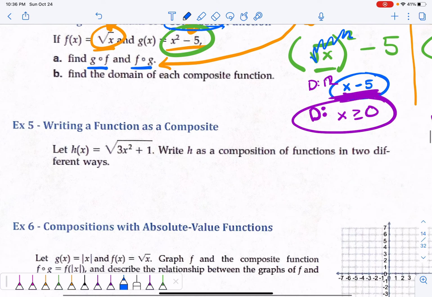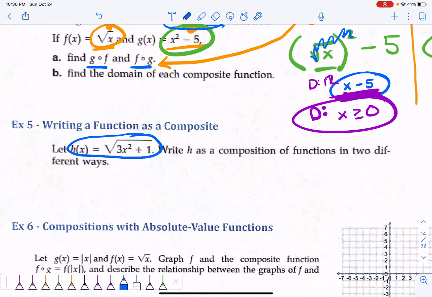So they want us to take this function and break it apart into 2 separate functions, like f and g. Call one piece f of x, call one piece g of x, and break it into 2 different pieces so that we can compose them together and create this function, okay? There are quite a few different ways you could do this.